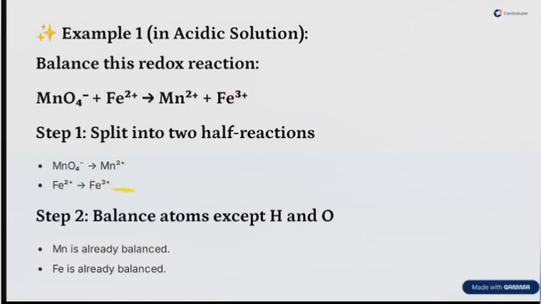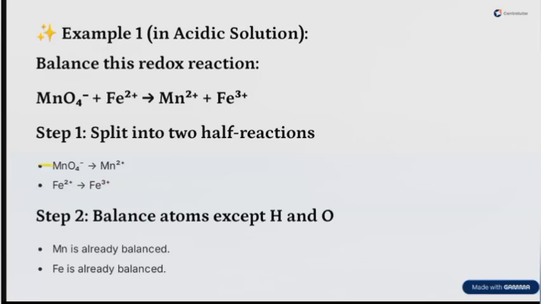Now the next thing, the second step, says balance all atoms except hydrogen and oxygen. What they mean is you check the number of Mn, or any element that is not oxygen or hydrogen, on the left-hand side, and check the right-hand side to see whether they are equal in number. How many Mn do we have here?